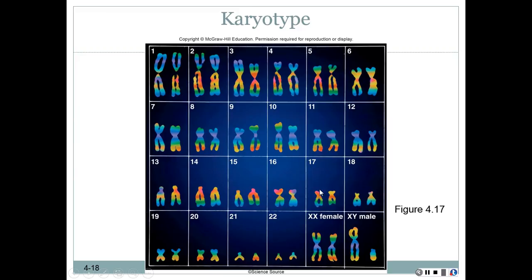So in a normal chromosome or karyotype chart, you won't have 17 paired with 1 unless there's some type of mutation or a disorder going on that the individual may have.